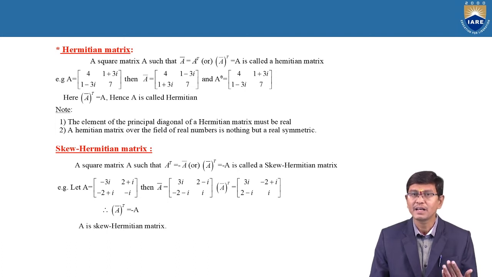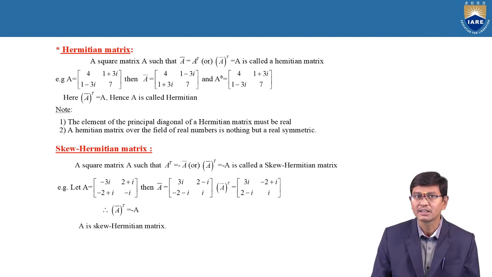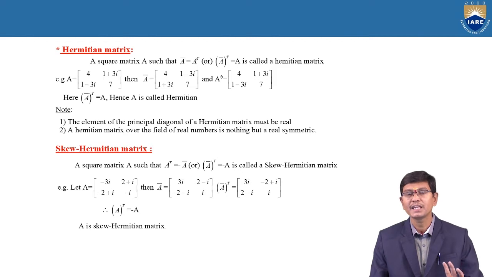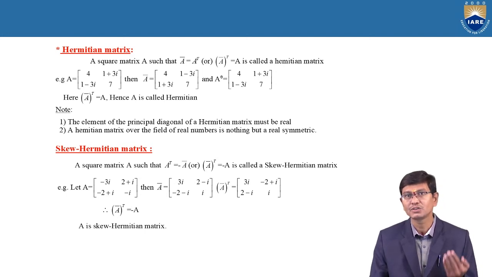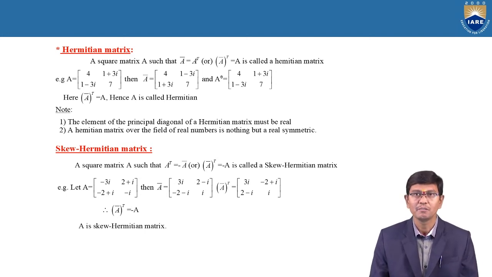And again applying the transpose on this matrix, that is, interchanging the rows and columns, 4, 1 minus 3i becomes the first column, the second row 1 plus 3i becomes the second column, and the last value is 7. Here A power theta is equal to the given matrix. Therefore, this matrix is clearly a Hermitian matrix.